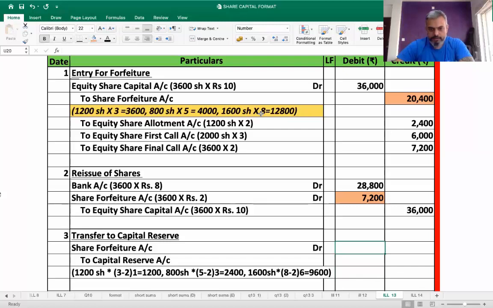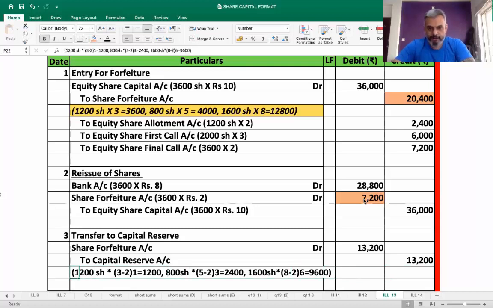So let's do the total. 1200 plus 2400 plus 9600, 13,200. Let's check: 20,400 minus 7200 is also 13,200.